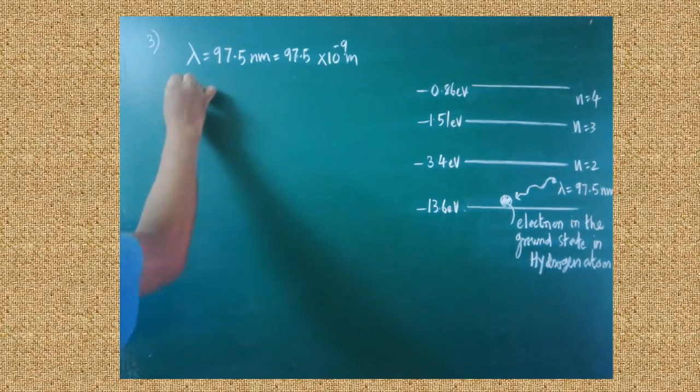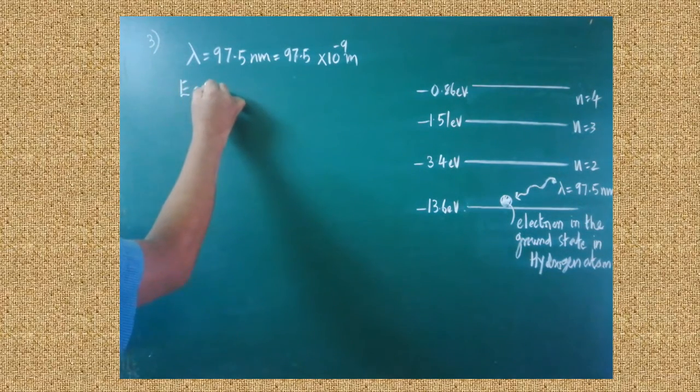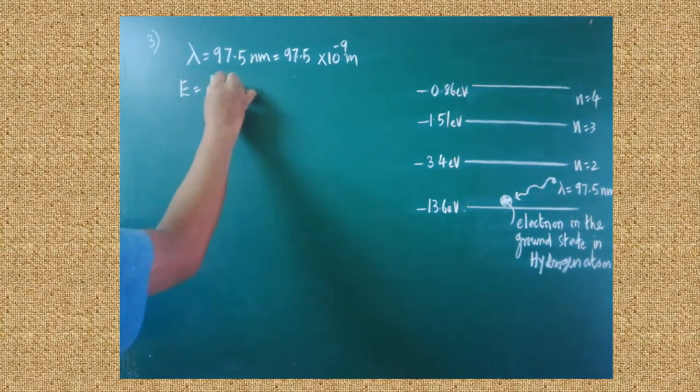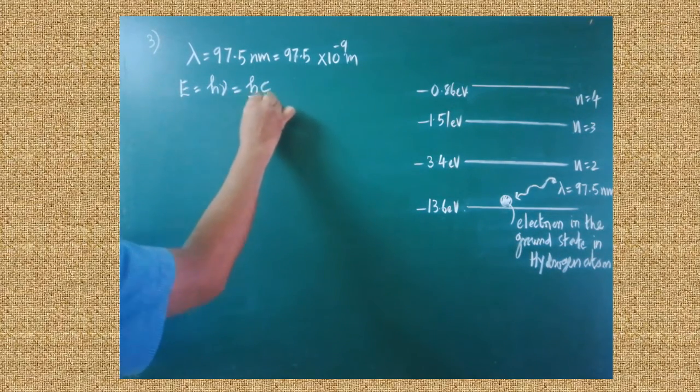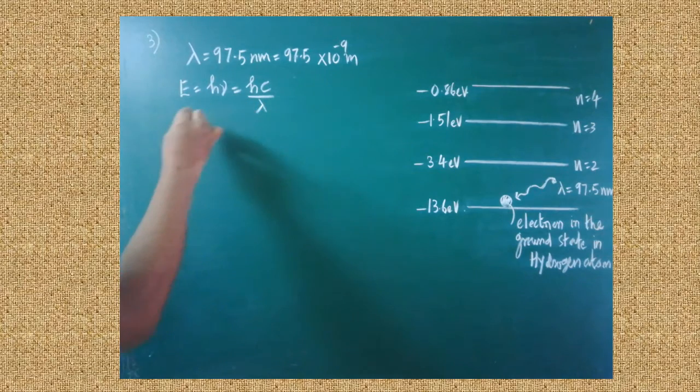What is the formula to calculate the energy? E is equal to h nu. Instead of nu we can write c by lambda. So this is the appropriate formula.